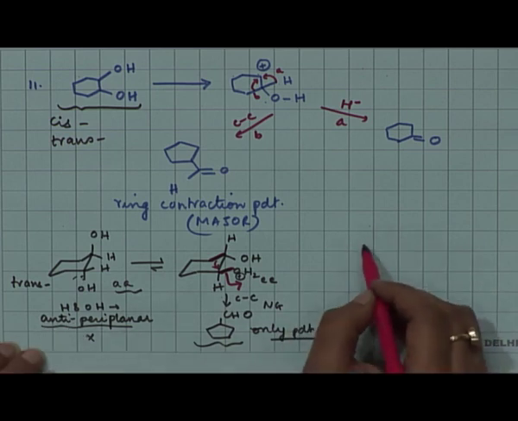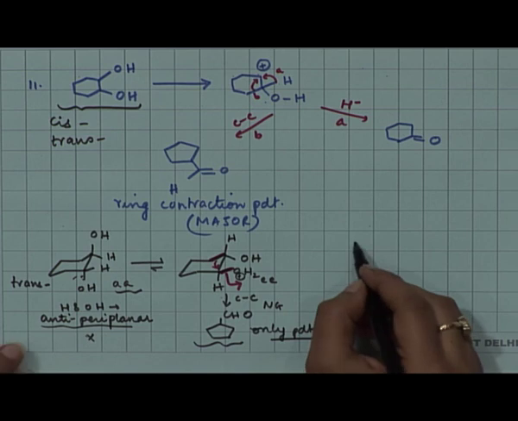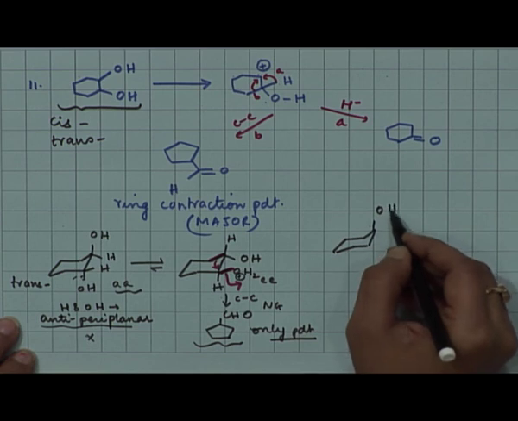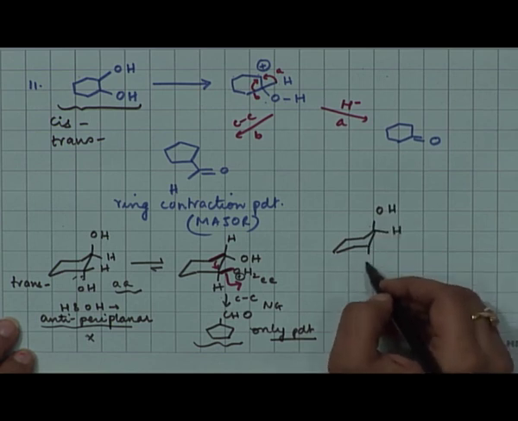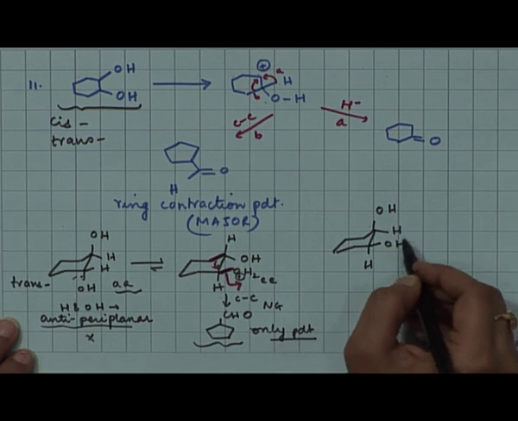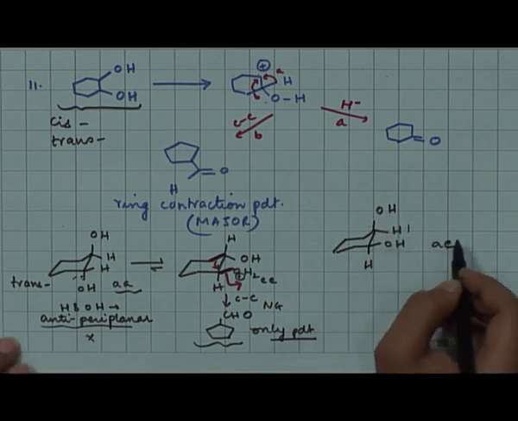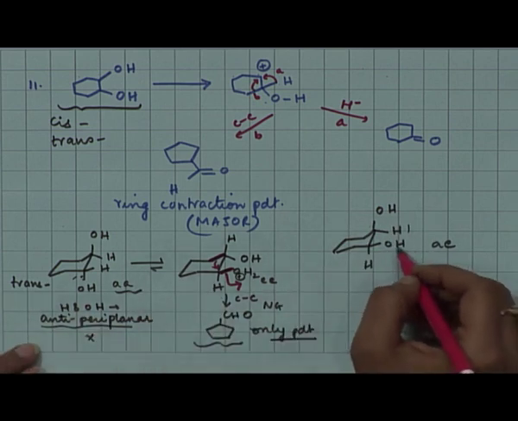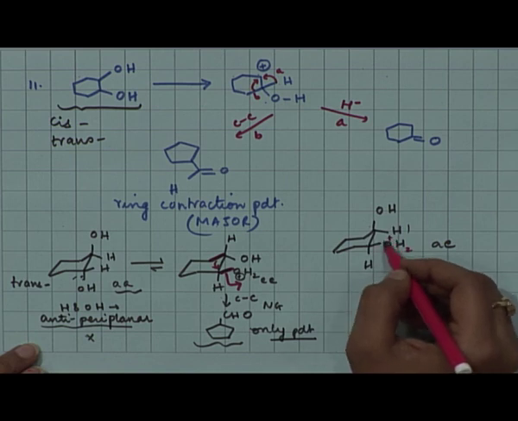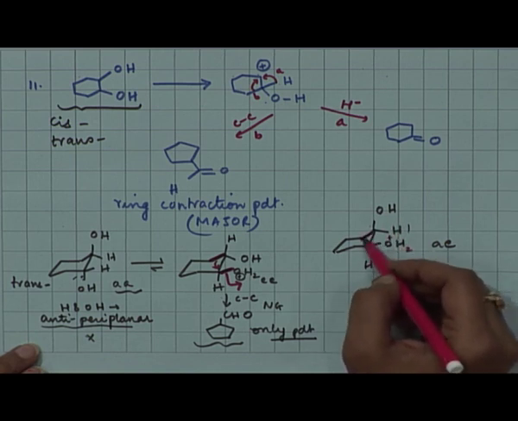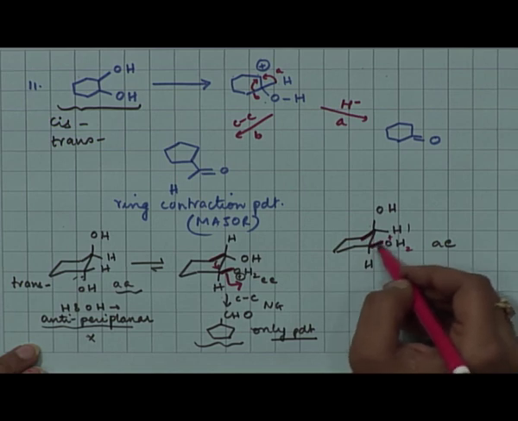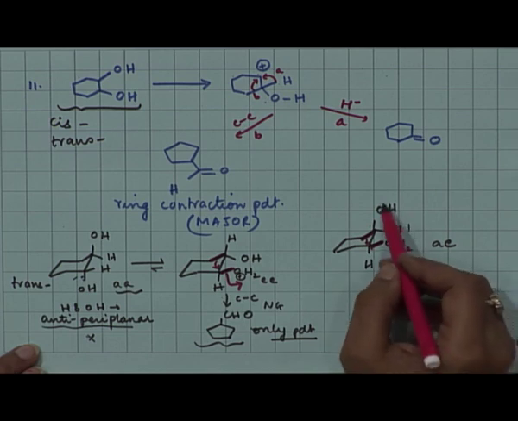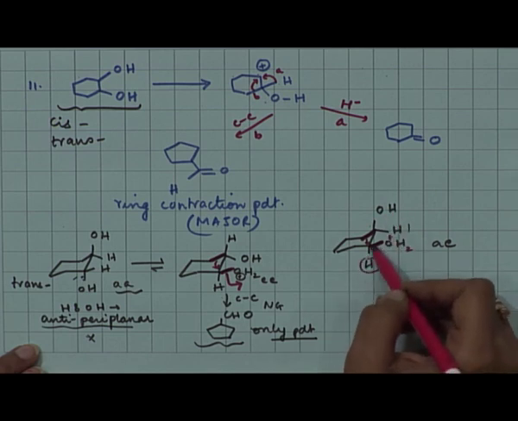If you take the complementary cis isomer of this diol, in which the two hydroxyls are axial-equatorial with respect to each other, now your leaving group, once it is protonated, and your neighboring group have to be anti-periplanar. If it happens from this carbon, then it is this carbon-carbon bond which is going to migrate. If it happens from here, then it is this hydride which is going to migrate.